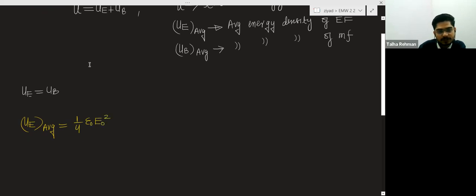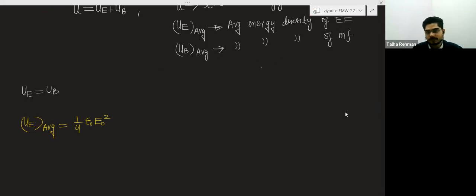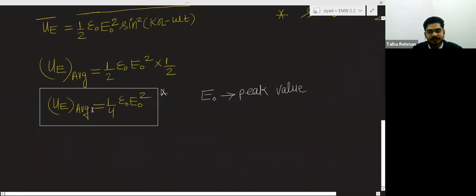I have just proved that the average energy density for the electric field is 1 by 4 epsilon naught into E naught square. E naught is the peak value.